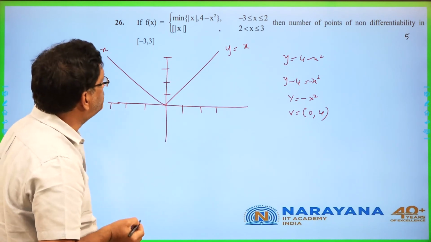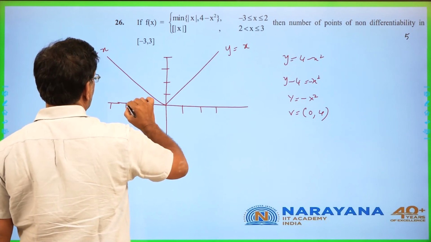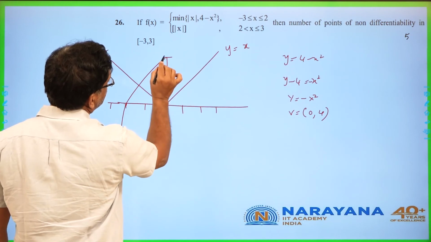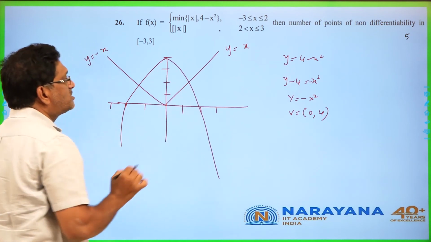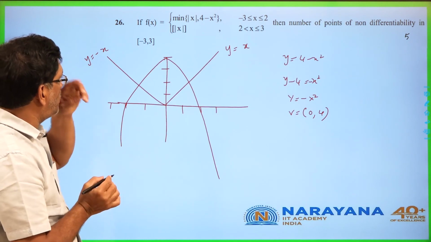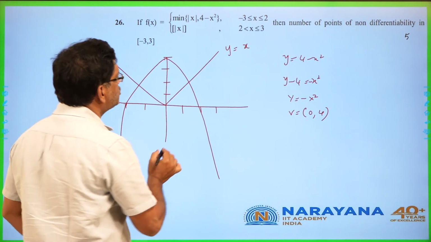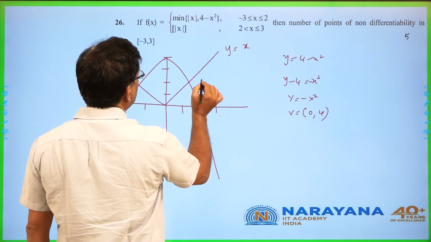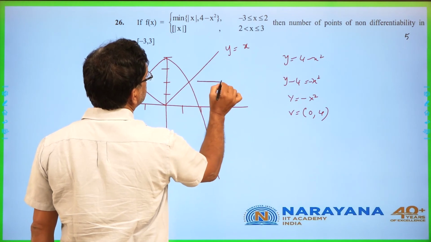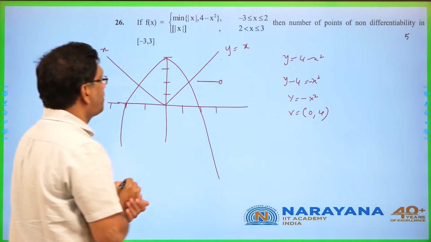And clearly if you observe, when x equals 2, it is passing like this. This is the parabola, right? And the step function, when x is from 2 to 3. When x is 2, exactly it is 2. Exactly at x equals 3, it is like this.